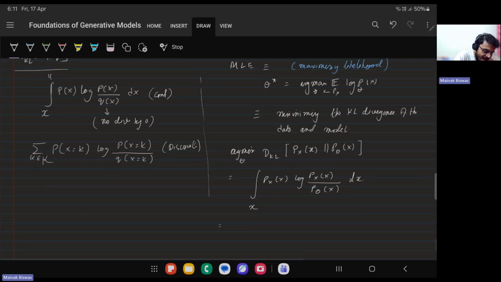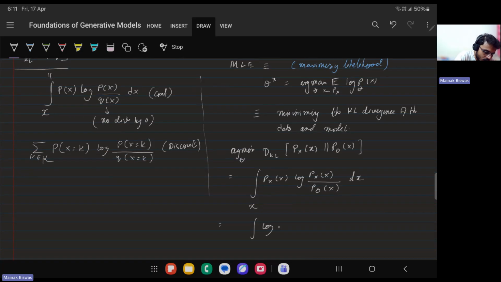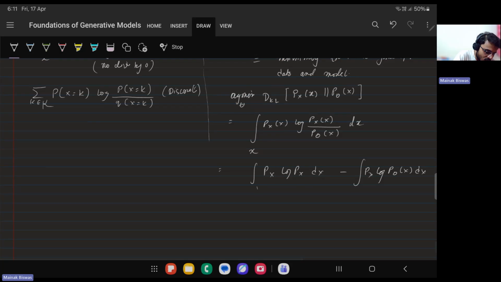Now if I write this as the integral of p(x) log p(x) dx minus p(x) log p_theta(x) dx, you can see the first term is the negative of the entropy of this probability function.